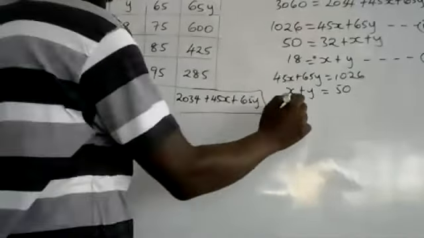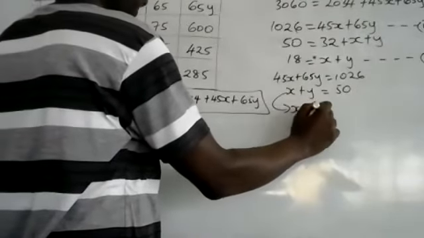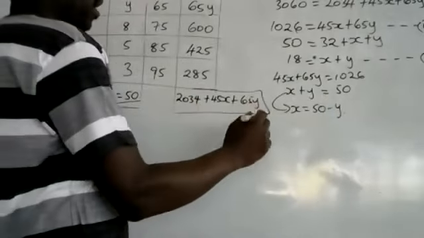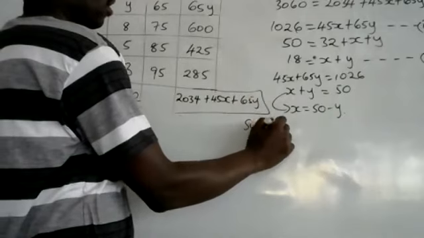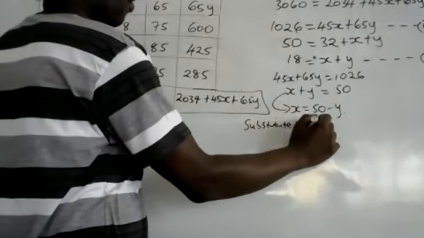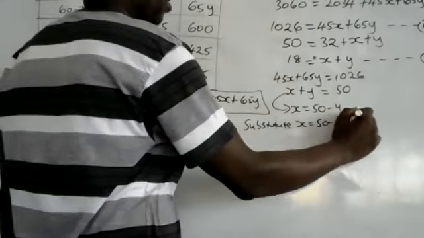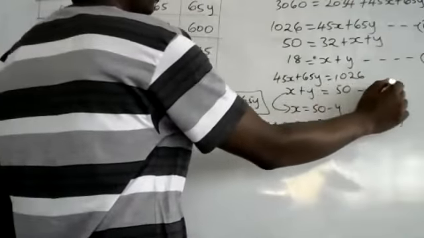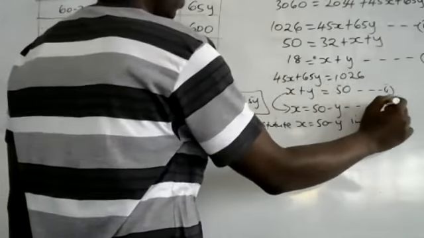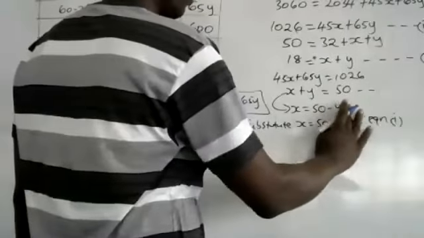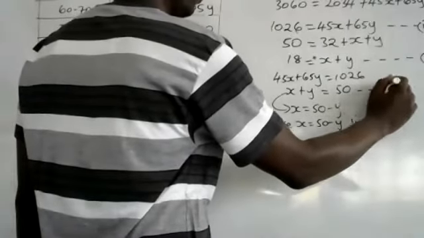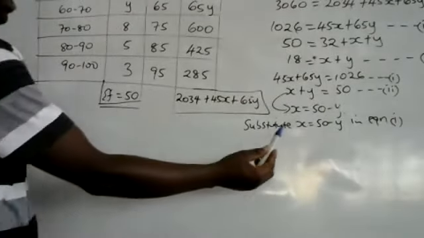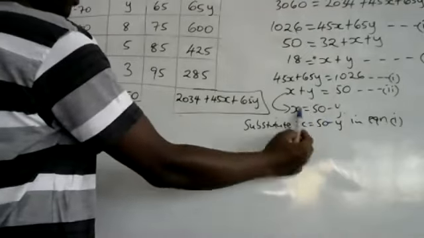From this equation, we can make x equal to 50 minus y, and we substitute x is equal to 50 minus y in equation 1. Like that. So where we have x, we put 50 minus y because they are equal.